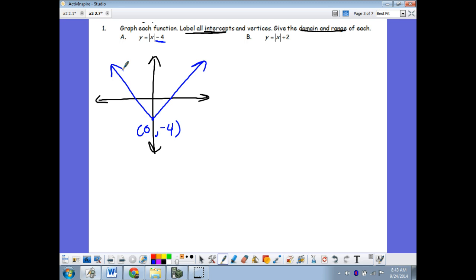Now, the nice thing about this is that the vertex and the y-intercept are the exact same point, but we do have a couple of x-intercepts that we need to find. Now, we have done this with lines before. Okay? At each of these points, we know the y-coordinate. That y-coordinate is 0. So to find those x-intercepts, we're going to take the original equation and plug 0 in for y.